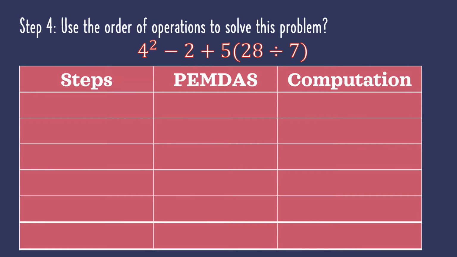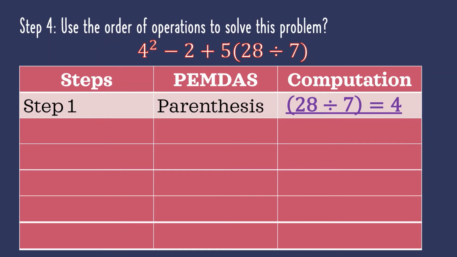Now let's do the computation. So we will use the order of operations to solve this problem. Now I want to go through steps, mathematical operations, and how we will do the computation. So when we look at this problem, 4 squared minus 2 plus 5, open parentheses, 28 divided by 7, close parentheses, the first step we would do would be parentheses.